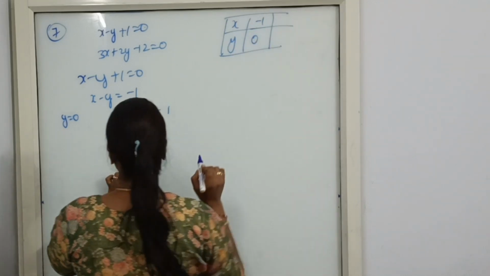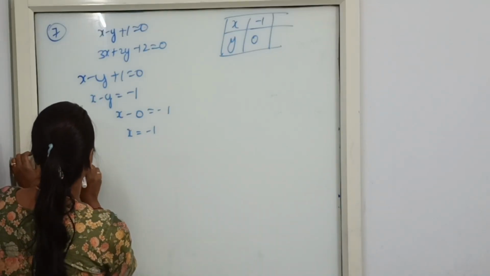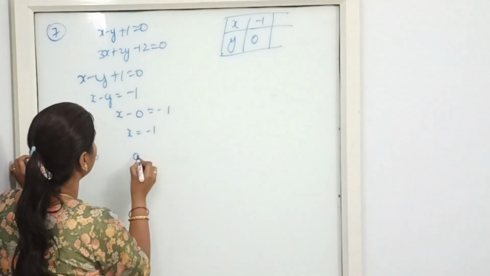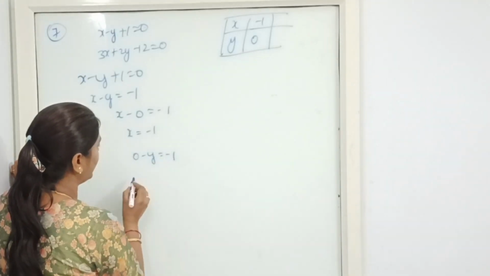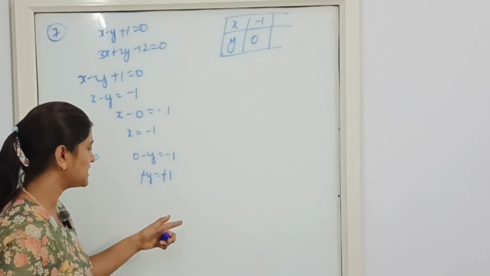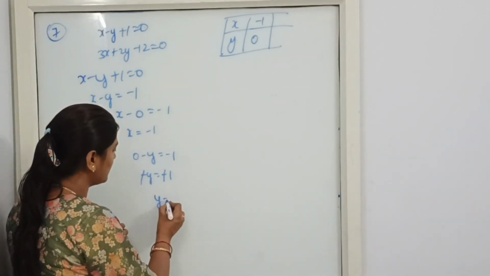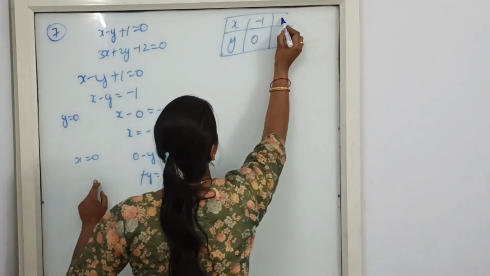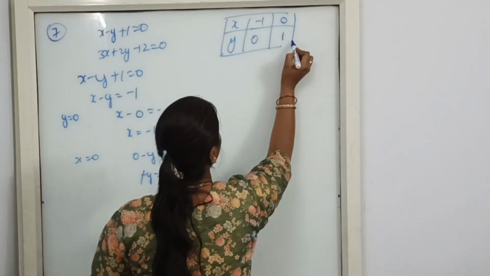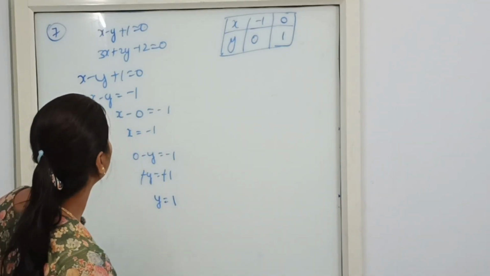Clear? Next, you can take x also 0, right? If x is equal to 0, 0 minus y is equal to minus 1, minus y is equal to minus 1, minus getting cancelled, y is equal to 1. If x is 0, y is positive 1. First table is ready. You can give more values also, no problem.